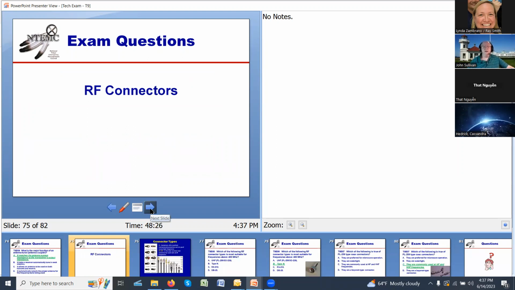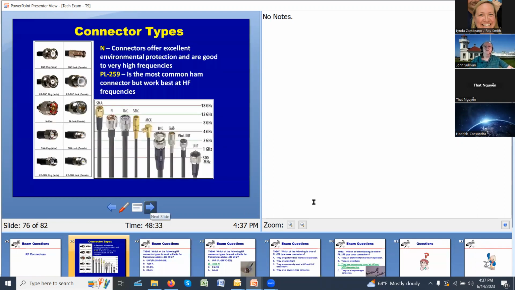Okay. Last thing we're going to cover here is RF connectors. And this is pretty short here. Only going to be a couple questions. There are various types of connectors. There's just a bunch of different kinds of connectors you'll see on radios and on coax. Two important ones, I think, for exam purposes are the N-type connector, which is this one right here, and it looks pretty similar to the other type, which is the UHF or the PL259 connector.